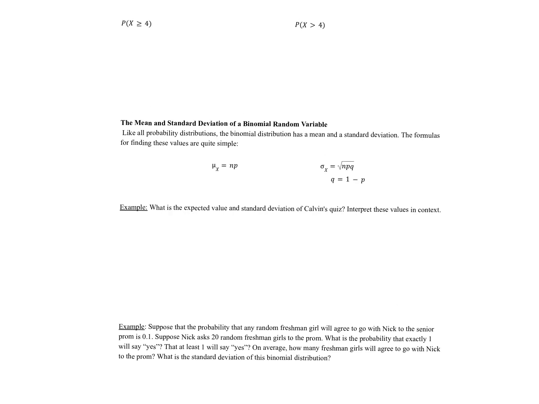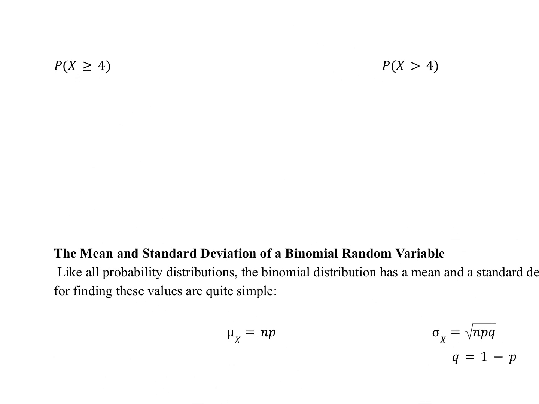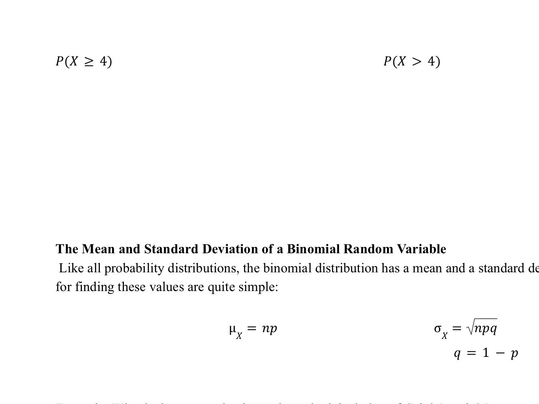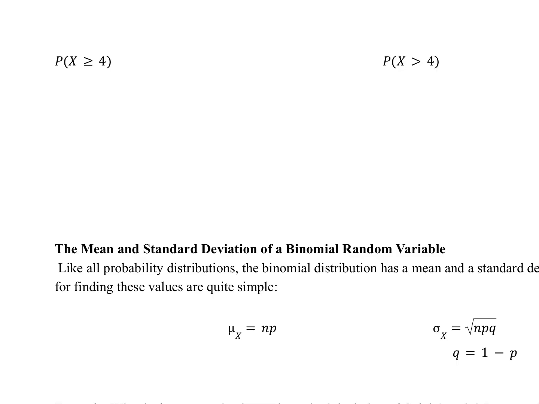The harder ones are the greater than and the greater than or equal to, because you have to switch it to a less than or equal to, which involves 1 minus. So if I want to look at everything greater than or equal to 4, it's 1 minus everything else. So it becomes 1 minus the probability that x is less than or equal to 3. Because it's either greater than or equal to 4 and everything else is less than that.